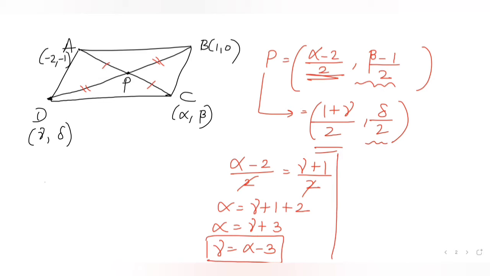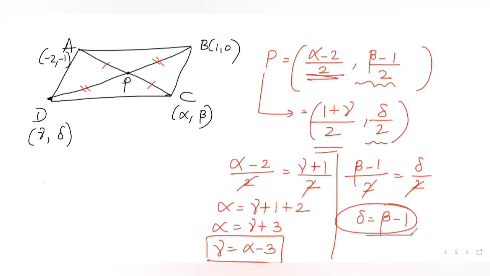So I have gamma in terms of alpha. Similarly, equating the y coordinates, (beta minus 1)/2 equals delta/2. The 2s cancel, and you get delta as beta minus 1. So you have both gamma and delta in terms of alpha and beta respectively.